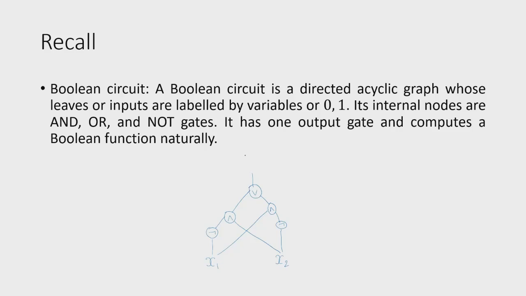So this is an example of a Boolean circuit, and you can see that this circuit computes x1 complement and x2, or x2 complement and x1. So this computes the exclusive OR of the two.